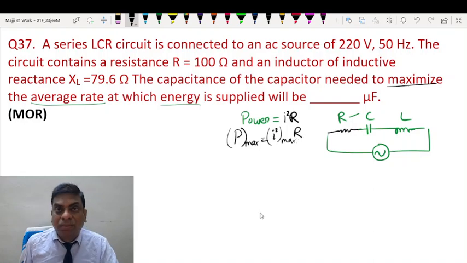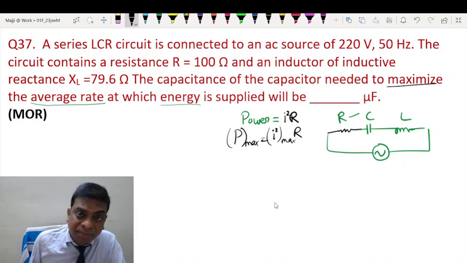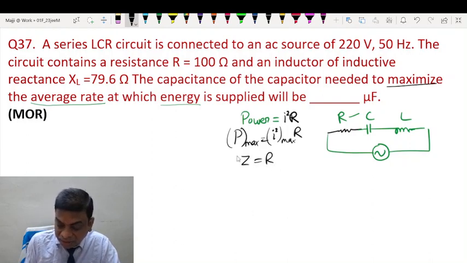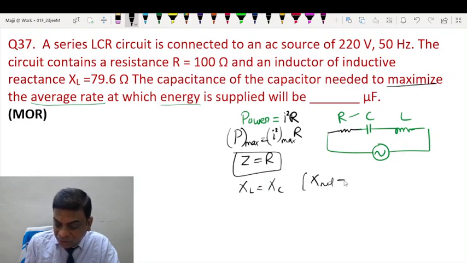And current is maximum when impedance is minimum. And impedance is minimum when in the state of resonance. So in the state of resonance, we have XL is equal to XC. That is, the net reactance remains 0 here in the state of resonance.